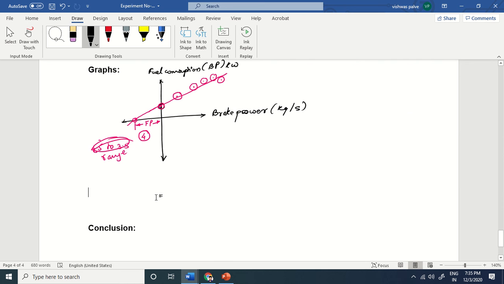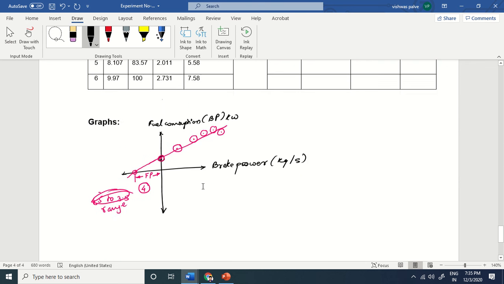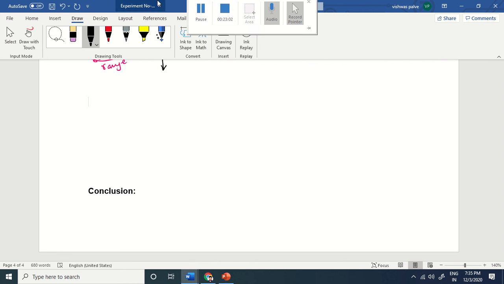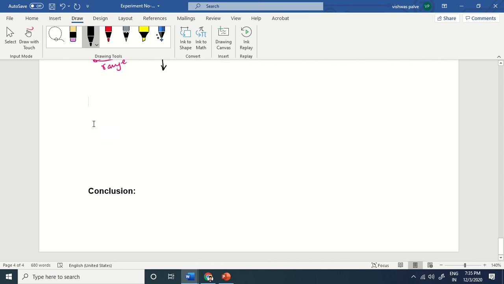With the help of this we can calculate the result value. Next are the graphs. After doing this we have to draw the graphs for comparison of various parameters. There are three graphs which you have to draw. The first graph will represent mechanical efficiency versus percentage load.